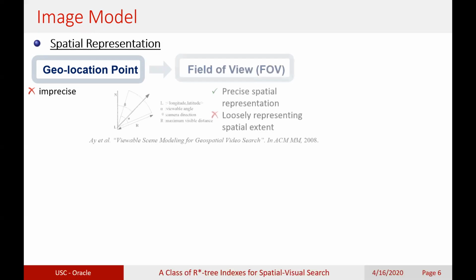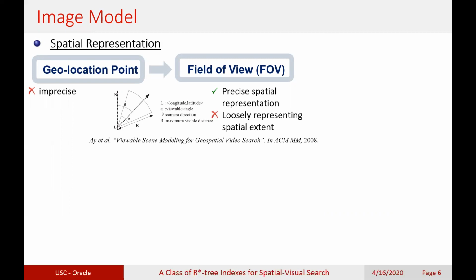There is another representation that requires more metadata collected from several sensors, and this representation is known as image field of view, which is the spatial extent of an image. This descriptor provides a precise representation.